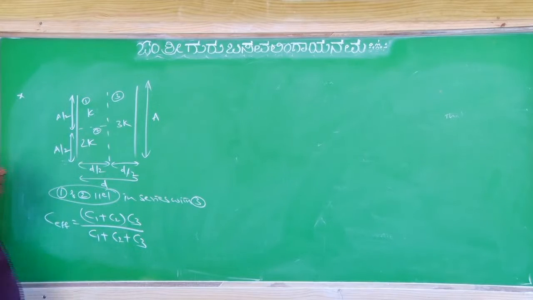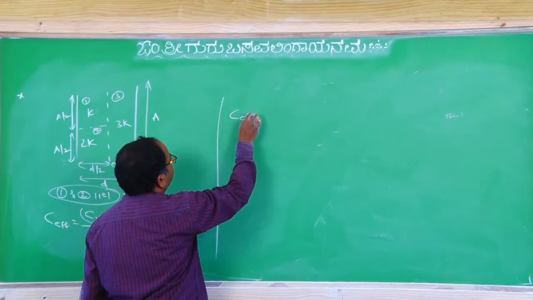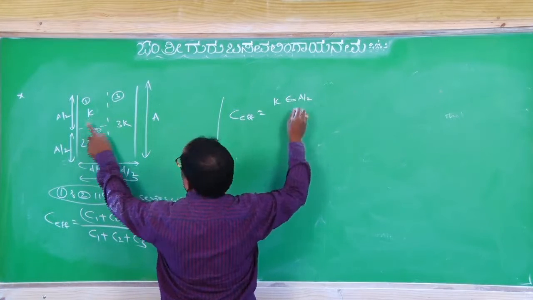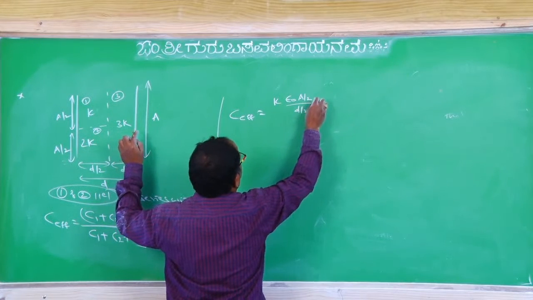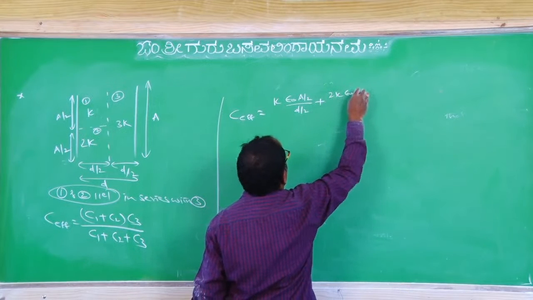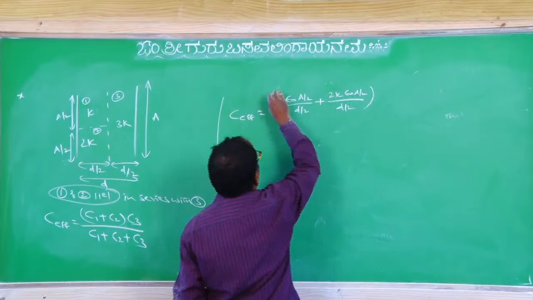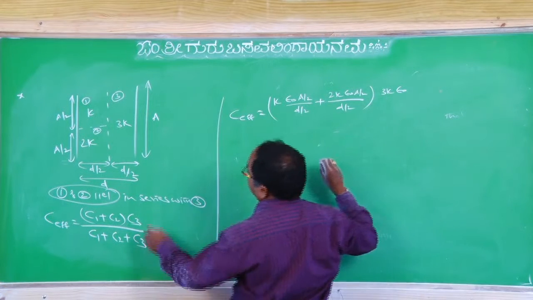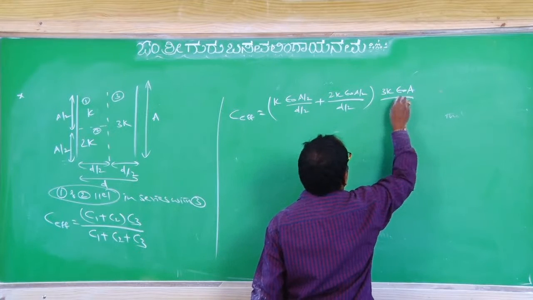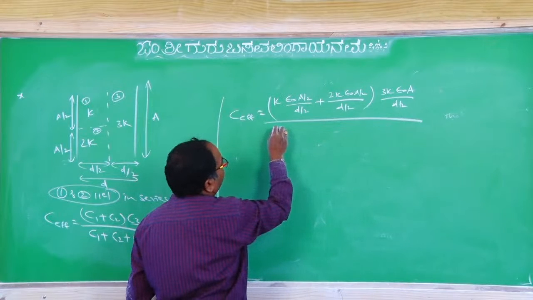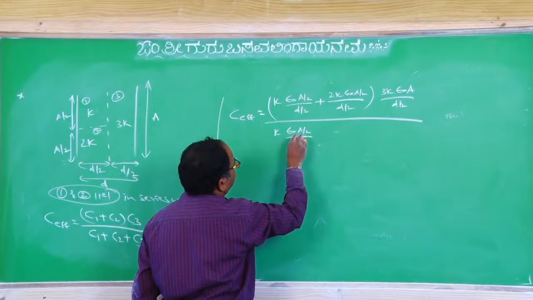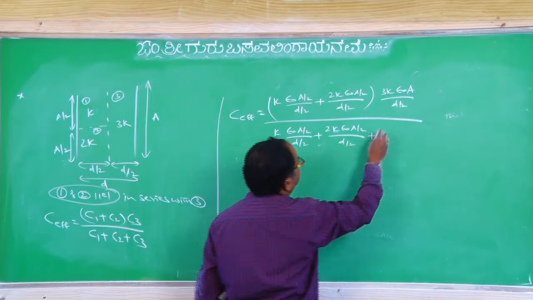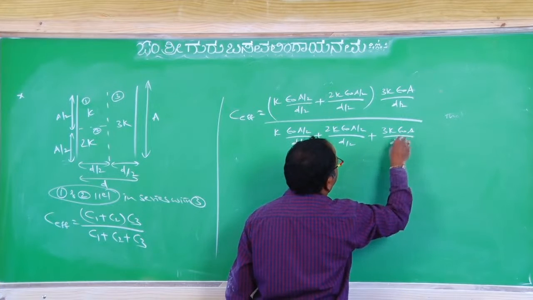Now, C effective is equal to C1, K epsilon naught A by 2 by D by 2, plus 2K epsilon naught A by 2 by D by 2, into C3, that is 3K epsilon naught A by D by 2, divided by K epsilon naught A by 2 by D by 2 plus 2K epsilon naught A by 2 by D by 2 plus 3K epsilon naught A by D by 2.